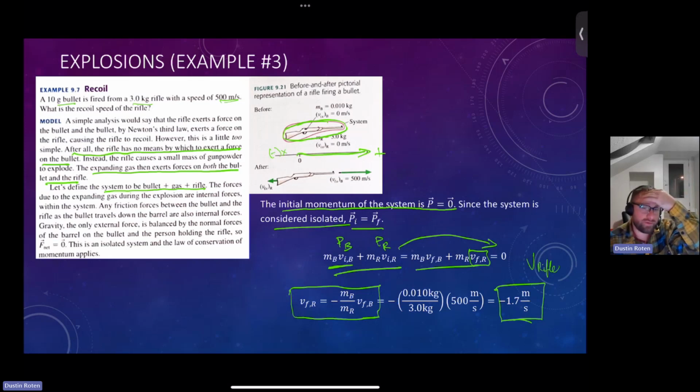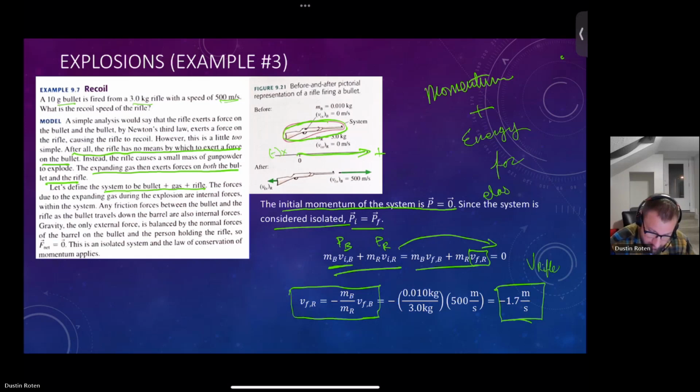And then after that, later on, because we need some concepts about energy, we need momentum and we need energy. We need both of these to actually talk about elastic collisions. So right now we'll stick to just the inelastic collisions and explosions.